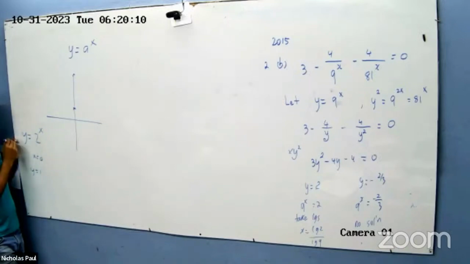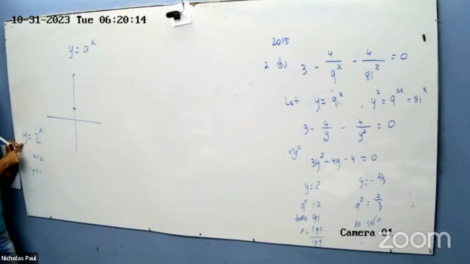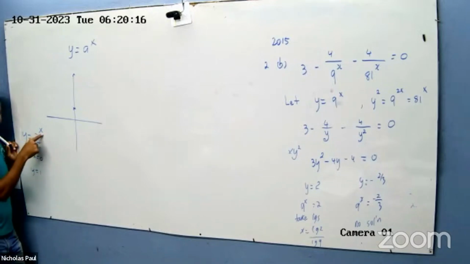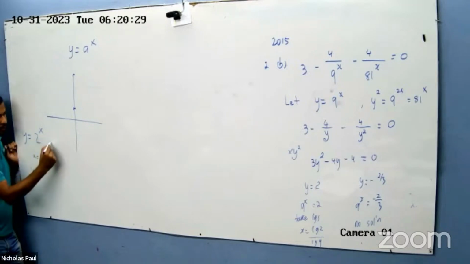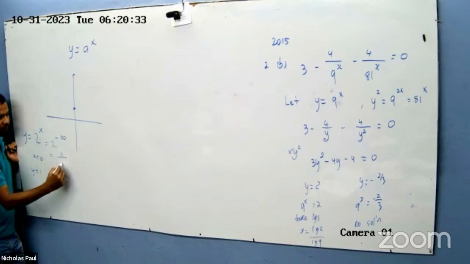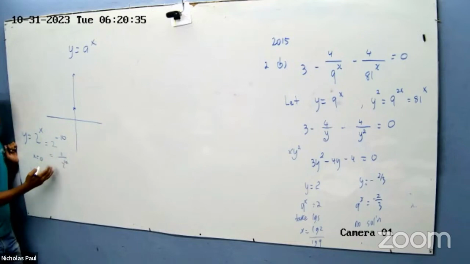Question. Is there any way I can make y negative? Is there any x value I can put here to make y negative? No. If I put -4 or -20 or -1,000,000, what will you get? You'll just get a fraction. Think about it. 2 to the -10 is 1 over 2 to the power of 10, which is a fraction.